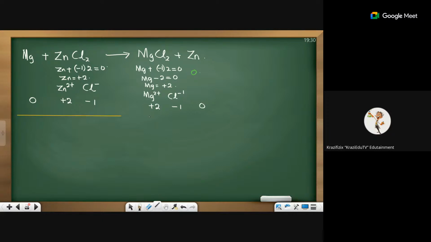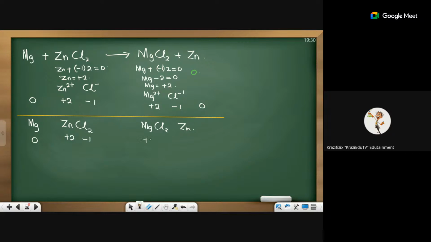Let me rewrite all of this for clarity. Mg, we have chloride, we have magnesium, and we have what? Zinc. Oxidation number here, 0. Oxidation number here, +2. Number here, -1.